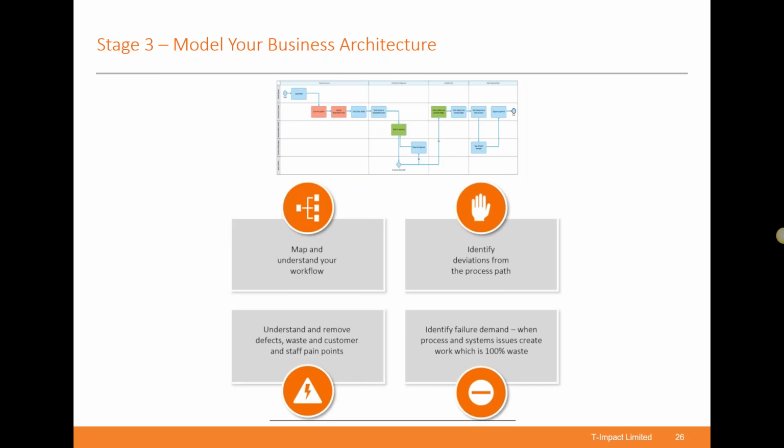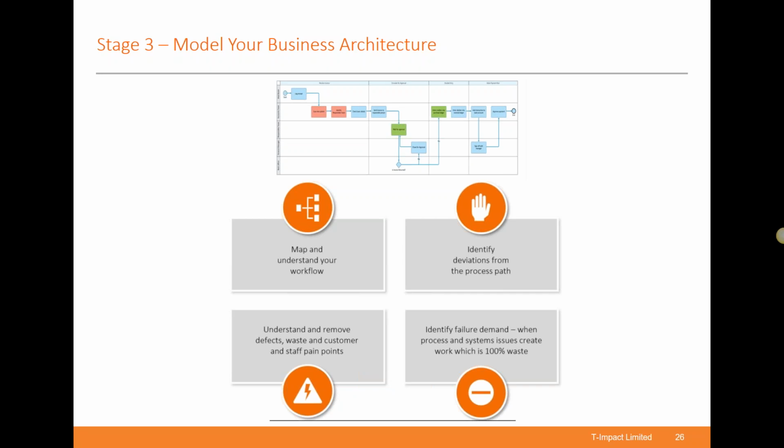And then model your business architecture. But really don't underestimate this step. Here's another example at the top of a process model from Blueworks Live. Without understanding how your process works today and identifying and removing waste, your robot is just going to make the same mistakes that you make today, but it's going to do it faster.